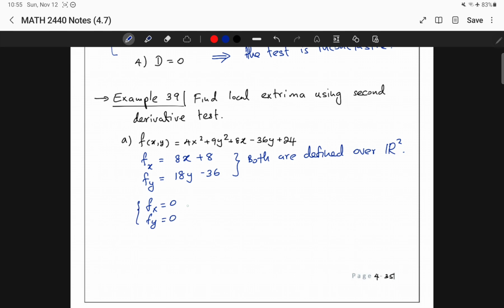By making them equal to 0, you can find x equals -1 and y equals 2. So that is the critical point. Let's write it down: (-1, 2) is the only critical point.